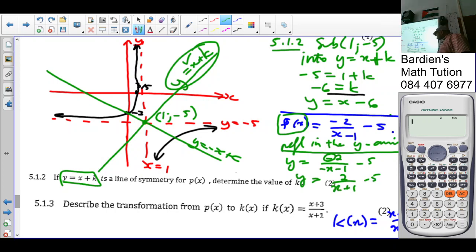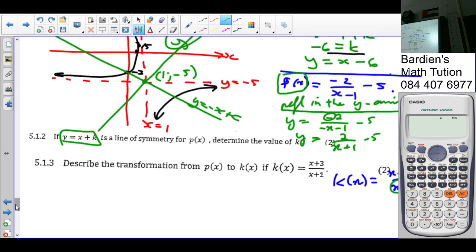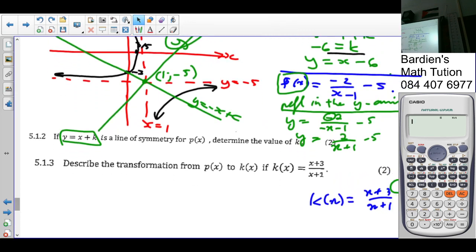So what do you notice? The denominators are the same already. But to get it in that form there, I must find an LCM. And what's my LCM here? X plus 1.